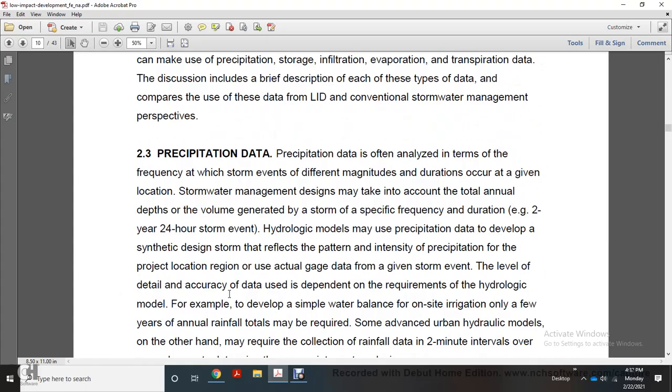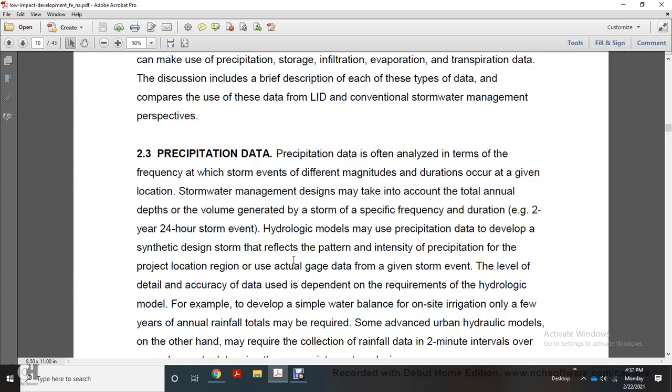Precipitation data is analyzed in terms of the frequency of storm events and the different magnitudes and durations that occur at a given location. Storm event design takes into account the total annual depth or volume generated within the storm season, at a specific frequency and duration, such as a 2-year, 24-hour storm event. With a hydraulic model, the precipitation data is developed as a synthetic design storm that reflects the pattern and intensity of precipitation for the project location or region, or uses actual gauge data for the given storm event.